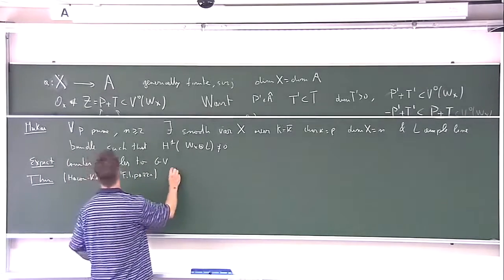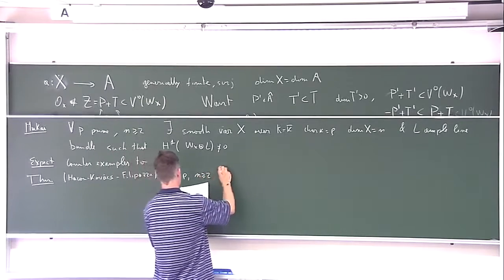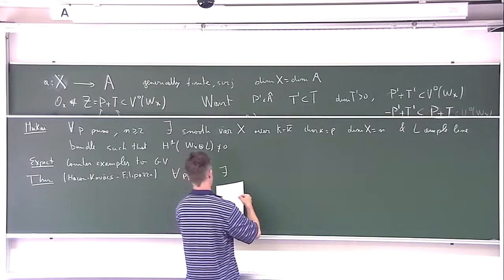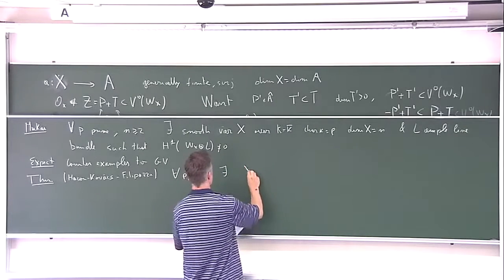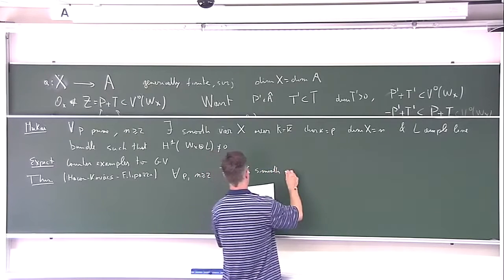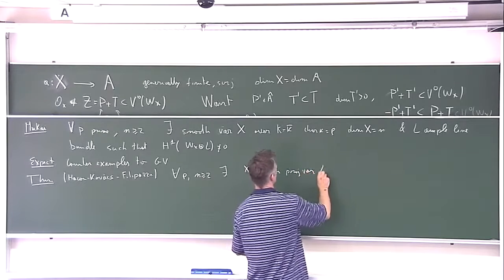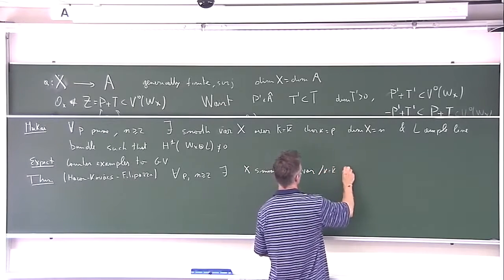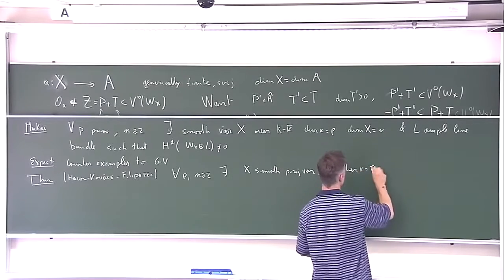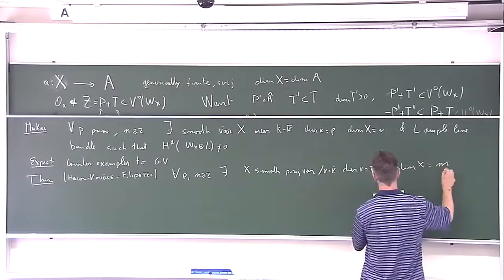Okay, so I should write it. For every p and n greater or equal to 2, there exists x smooth projective variety over k equals k bar, characteristic k is equal to p, dimension of x is equal to n.